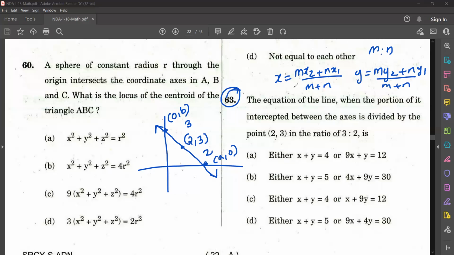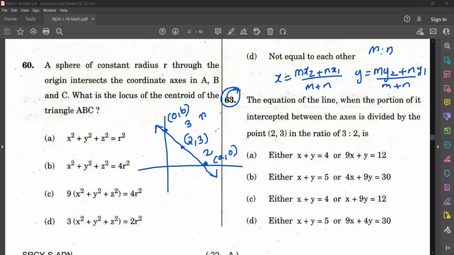So on putting in this equation, I'm taking m as this one, n as this one. Then it will be m x2.